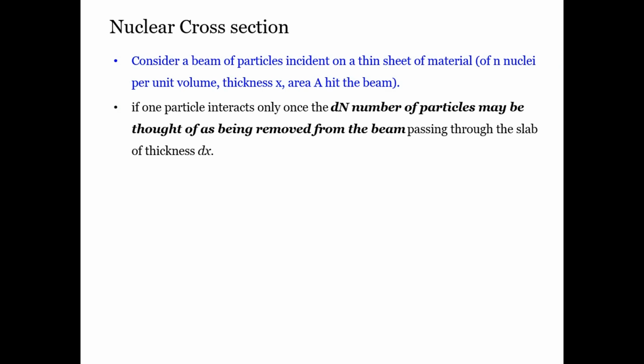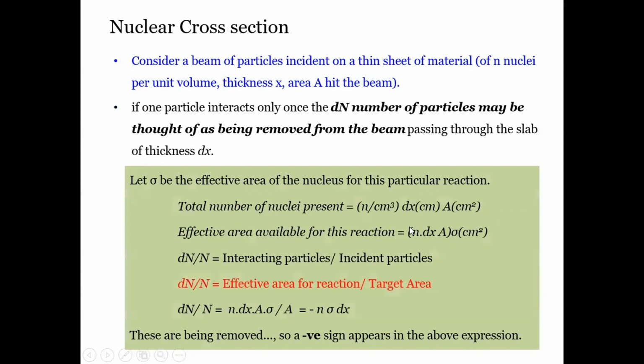The area on which the beam is hitting is A. If the particle interacts only with dn number of particles that are removed from the beam as they pass through the slab of thickness dx, then we can say that the nuclear cross-section is the effective area of the nucleus for this particular reaction.